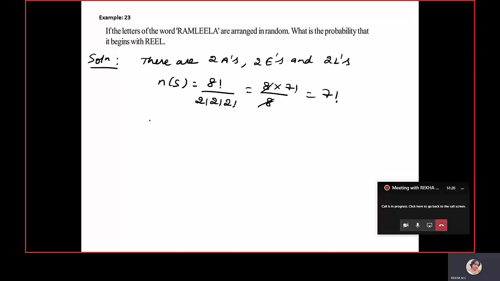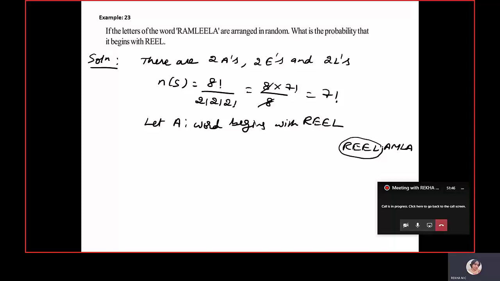So let A be the word that begins with REEL. So when you consider REEL, the left out letters are A, M, L, A. So n of A will be, this is fixed, so 1, 2, 3, 4.